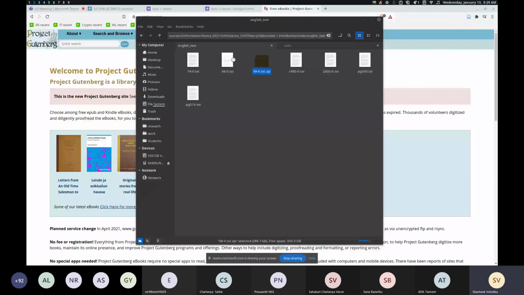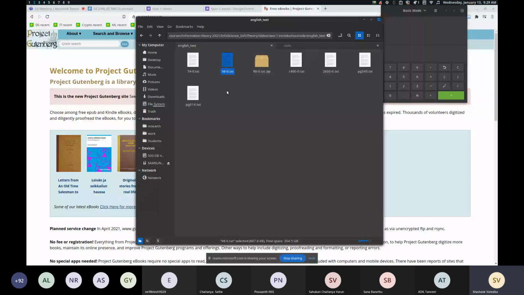The original file size is 807 kilobytes, and the compressed file size is 288 kilobytes. So the compression ratio is 288 divided by 807, which is roughly 0.3569 for this particular file. Now I'll take another file and compress it.